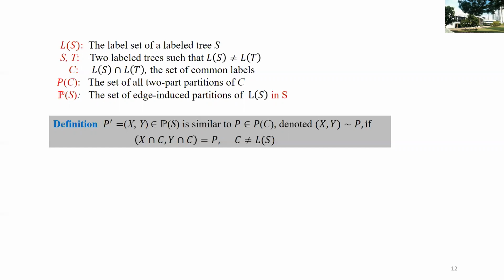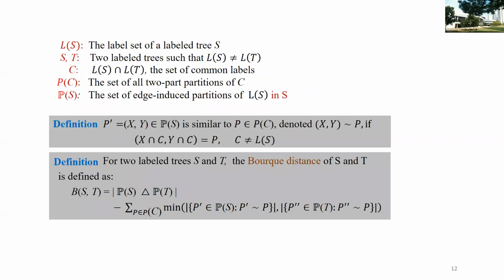For an edge-induced partition P prime of S and a two-part partition P of C, the set of common labels, we say that P prime is similar to P if, when restricted to the set C, P prime gives the same partition as P. So the bark distance between S and T is defined formally as this.